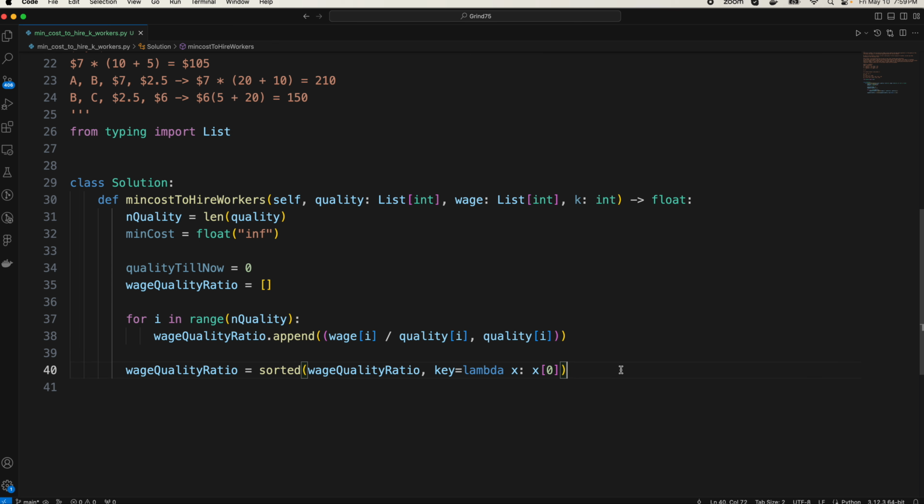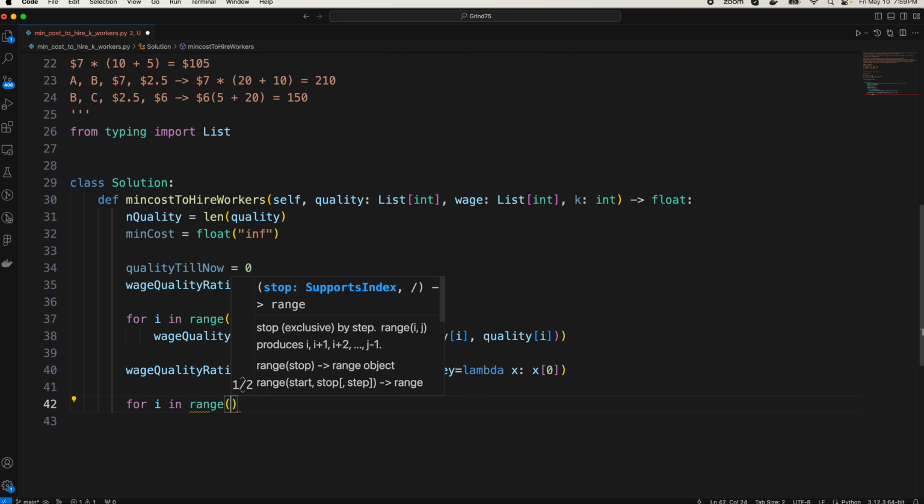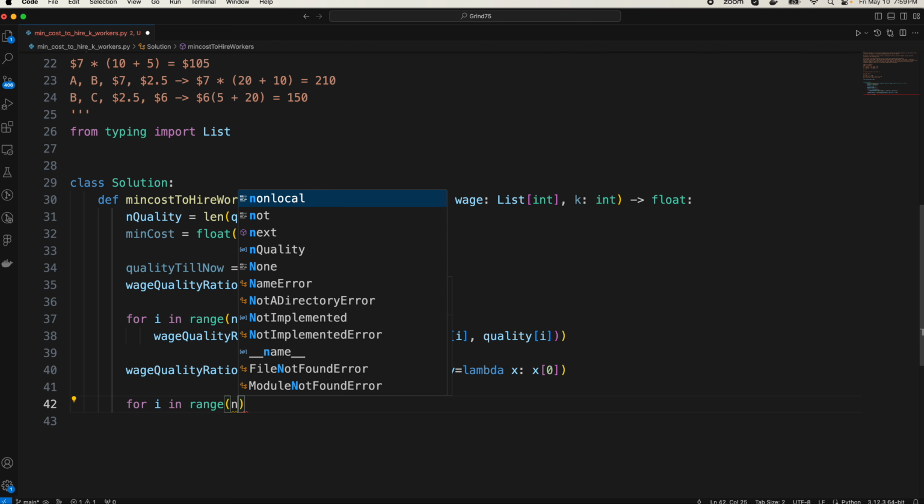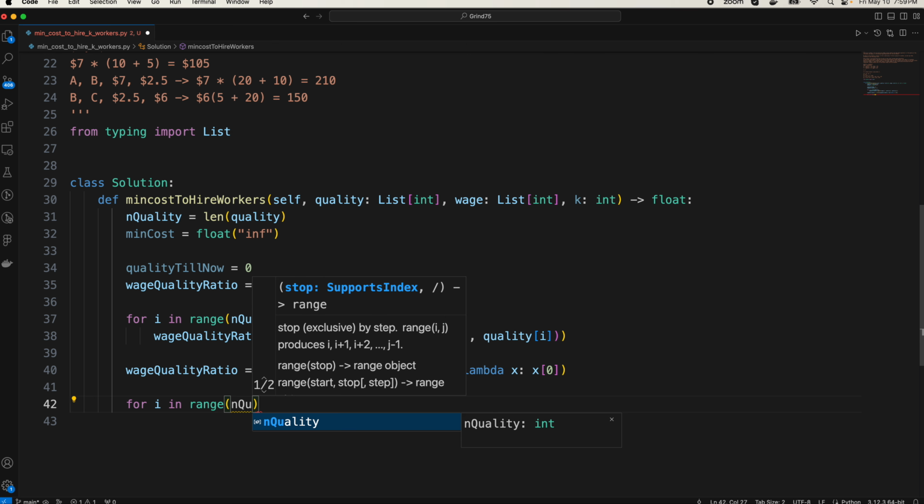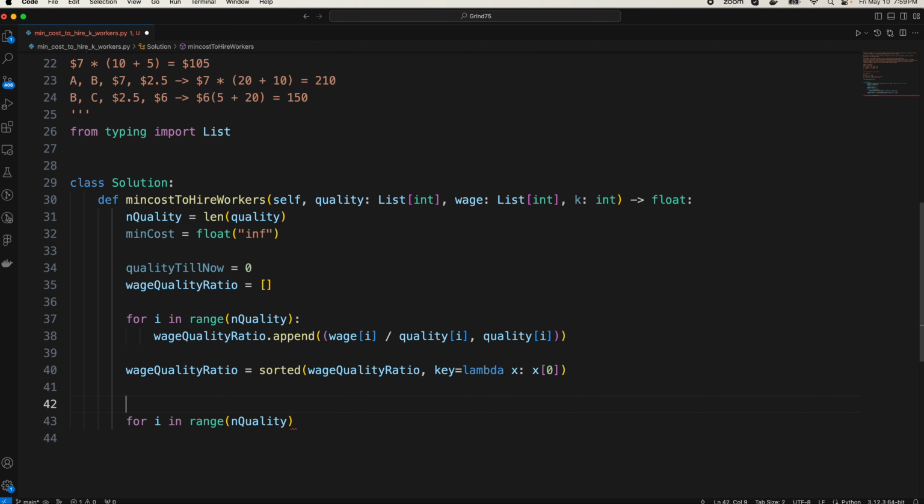Once we have this sorted, now what we can do is, as I said, we'll loop through i in range n, and we also maintain our high quality workers heap.